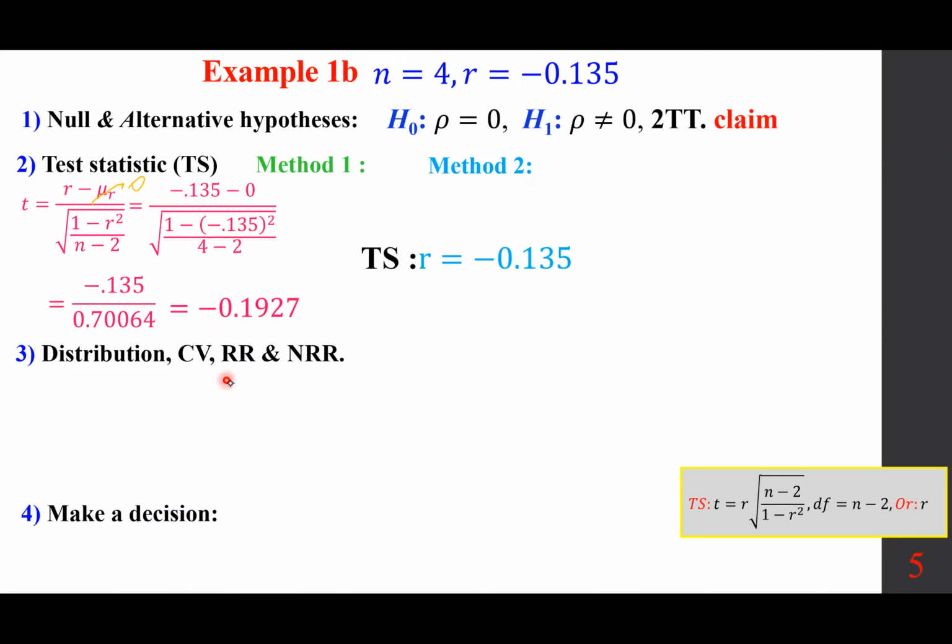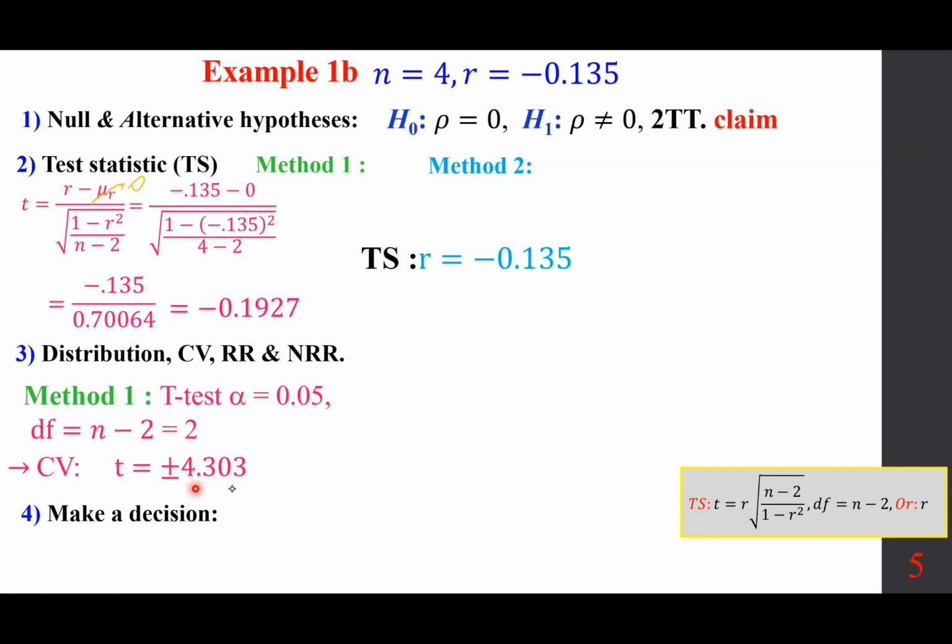Then the distribution, with method 1, we use the t-test. Alpha is 0.05. Degrees of freedom for correlation is n minus 2. So 4 minus 2 is 2. And if you look up the table or use technology, t ends up being plus or minus 4.303.